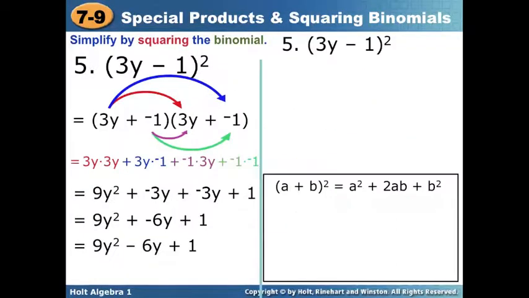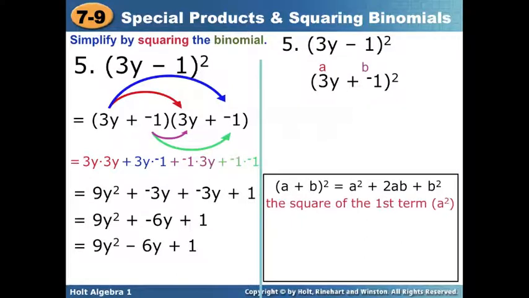We will now use the rule for squaring the binomial. You must have both this and the distributive property in your notes. So the rule says we take the first term squared, so that would be 3y squared. You must use parentheses to show you want to square the whole thing.